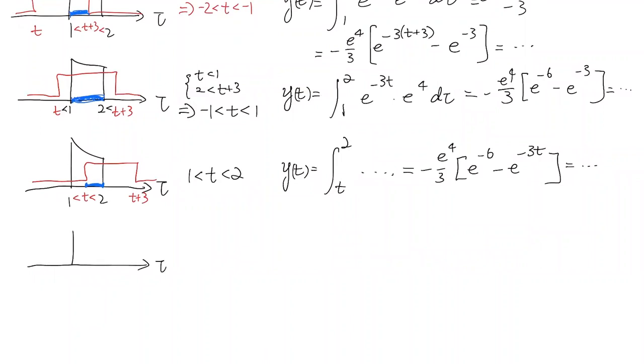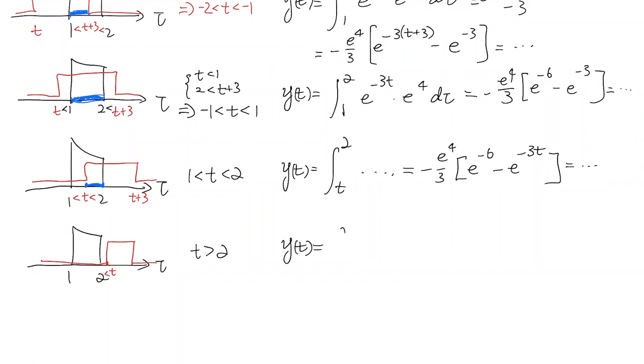Once you move the red interval outside the range of 1 to 2, then you get no overlap at all. So here, this point is t, right? You just need t greater than 2. That's what we have.